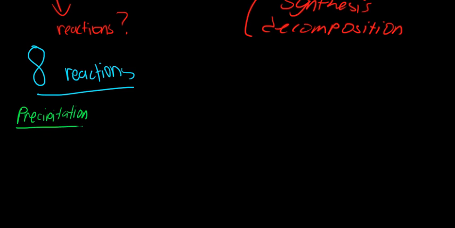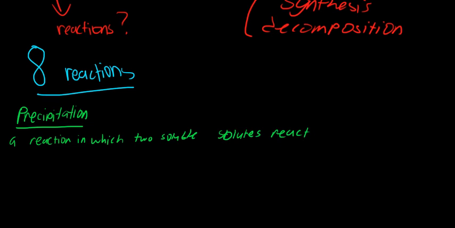Now, what is a precipitation reaction? Well, a precipitation reaction is, for the definition, a reaction in which two soluble solutes react to form an insoluble product.